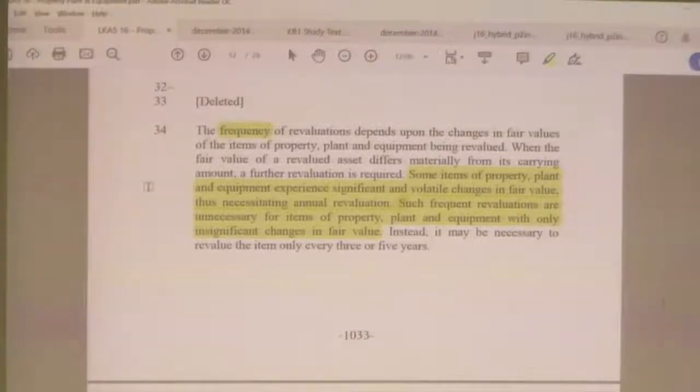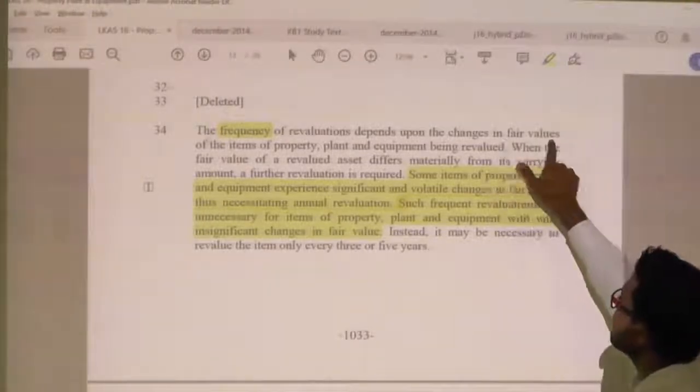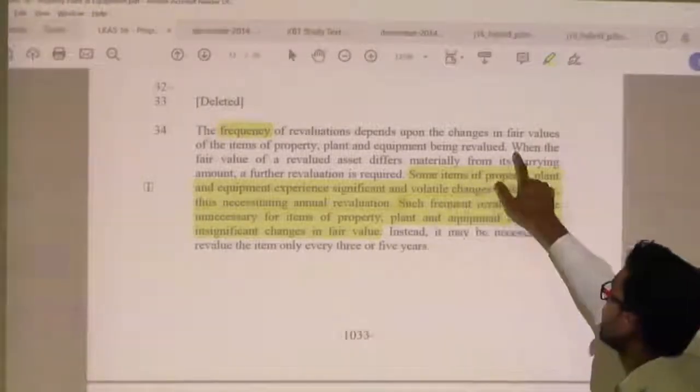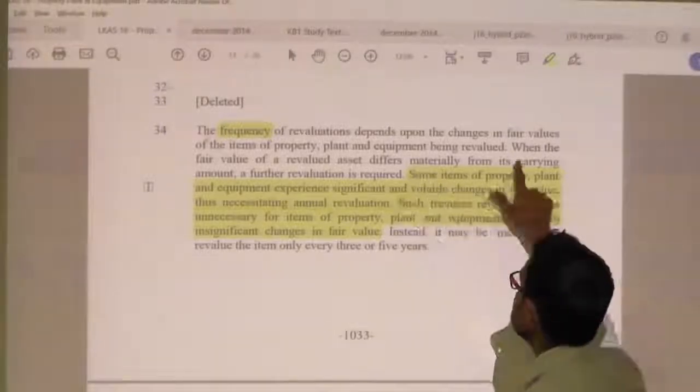The frequency of revaluation depends upon the changes in fair value of the property, plant and equipment being revalued. We will read further to understand this properly. When the fair value of a revalued asset differs materially from the carrying amount, underline the words materially from carrying amount.